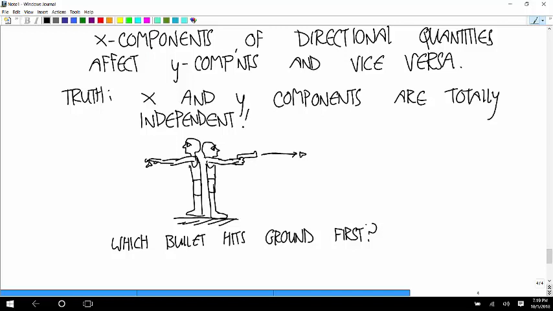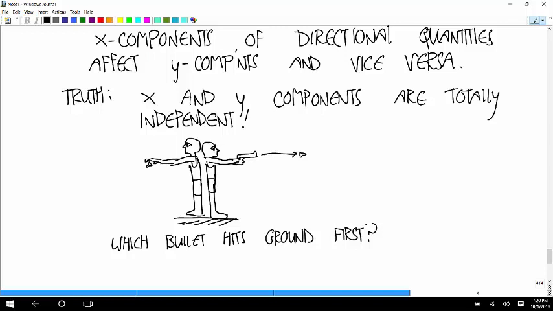If you think of this as a vector, it's right along the x-axis. It doesn't have any component of motion in the y direction. And so the y component of that initial velocity is zero, just like the initial y component of this velocity is zero. And because of that, this bullet is going to hit the ground at exactly the same time that this one does. It's going to hit the ground really far away.